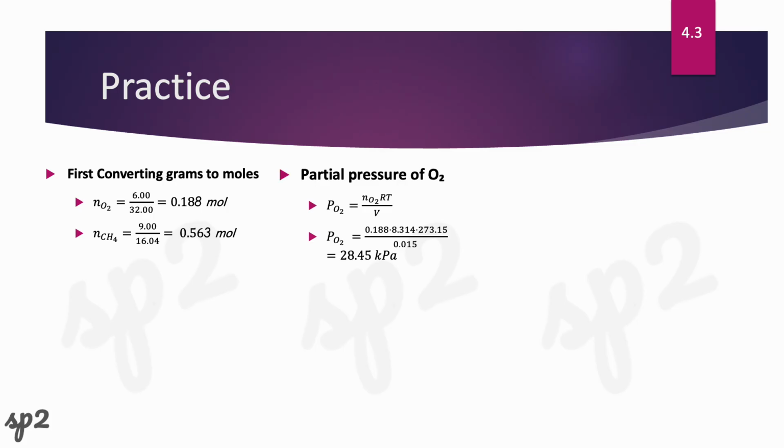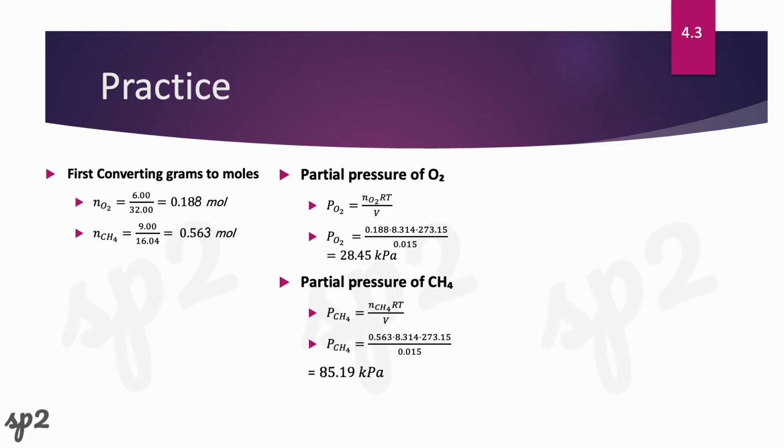The next step is finding the partial pressure for the oxygen using the ideal gas law equation. So plug in the n, R, and T divided by the volume. It has to be in liters, and that would give me 28.45 kilopascal. Do the same thing for methane, and that is going to be 85.19 kilopascal.